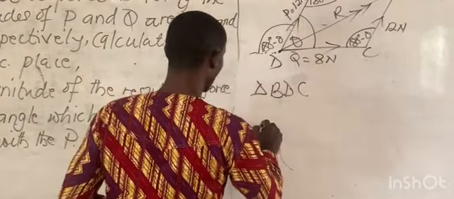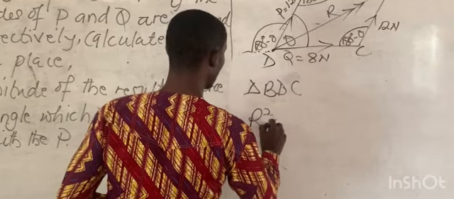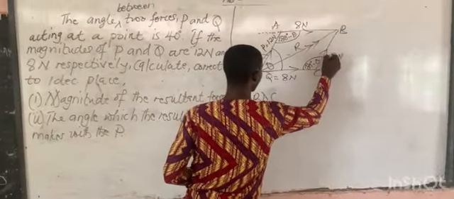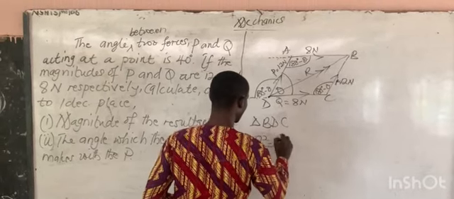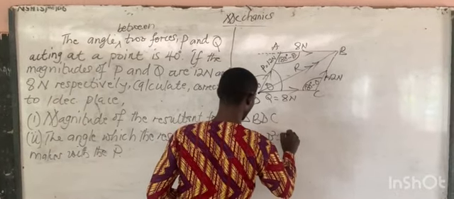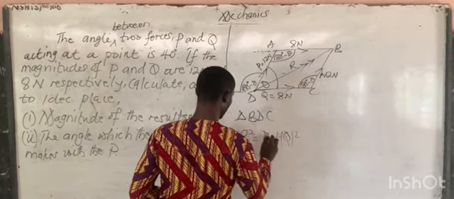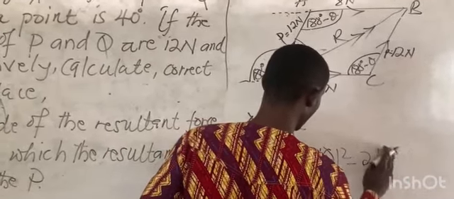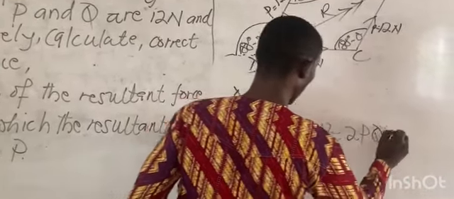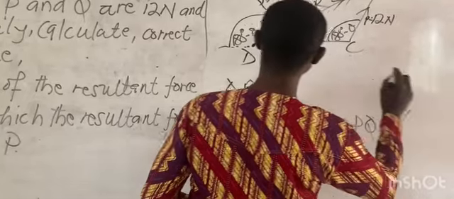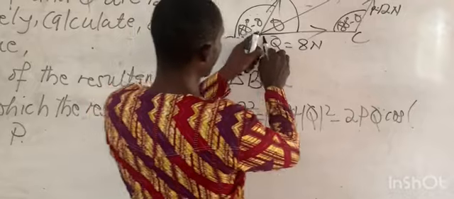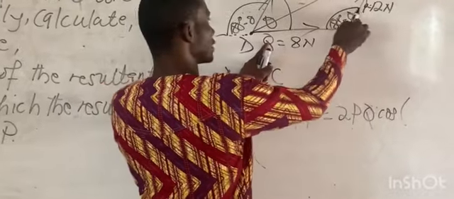We have R squared is equal to P squared plus Q squared minus 2PQ cos of the angle between them. The angle between Q and P is this, 180 minus theta.